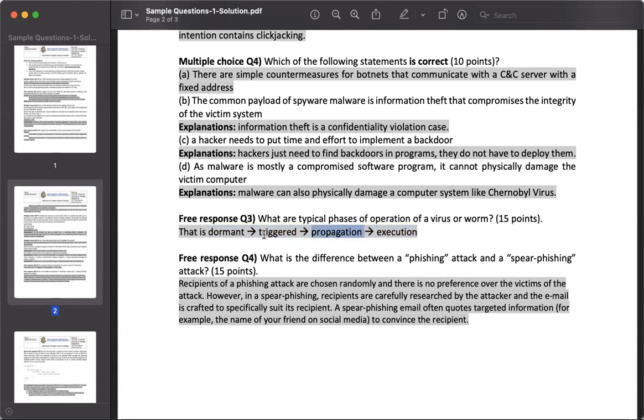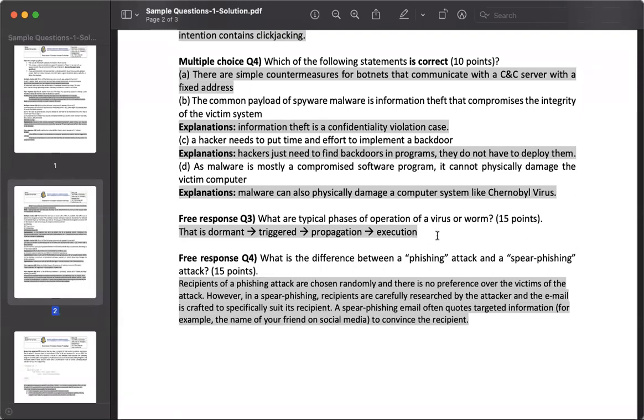And then the virus or worm gets executed, or starts implementing that malicious activity, whatever the malicious activity is. And after the execution is the time that we can expect the user or the system owner detects that something is not right.